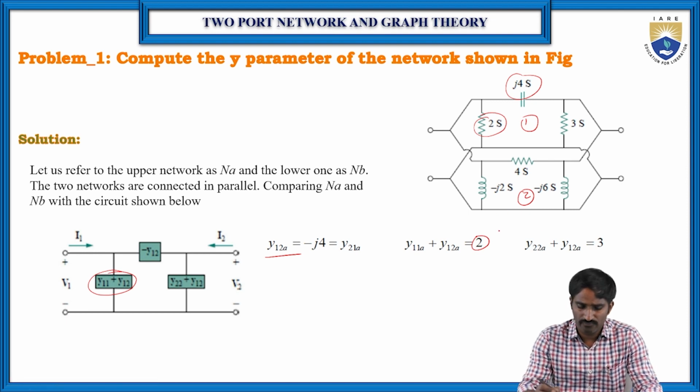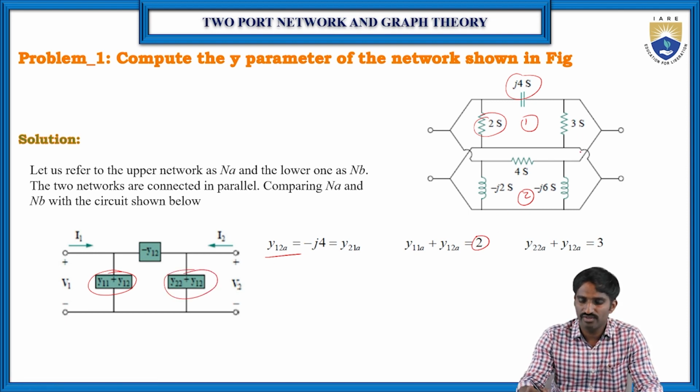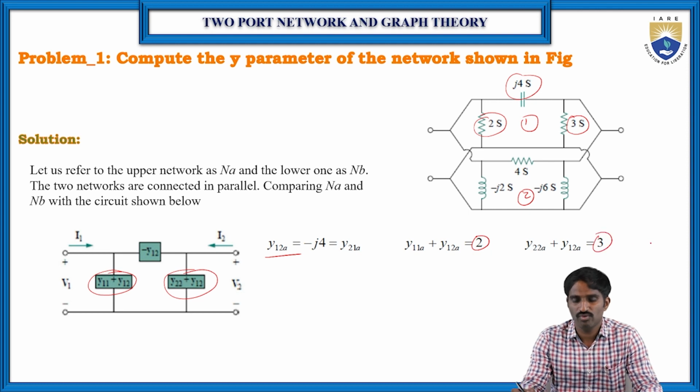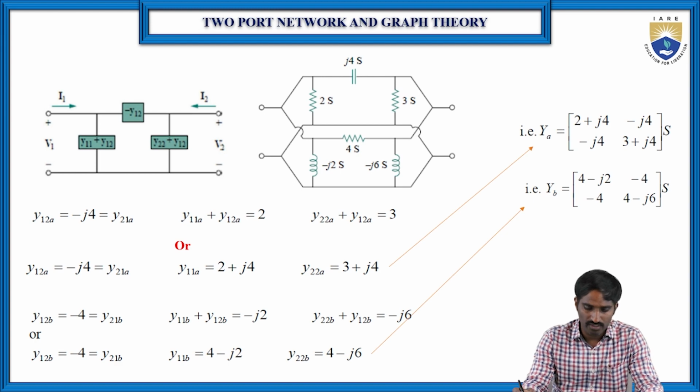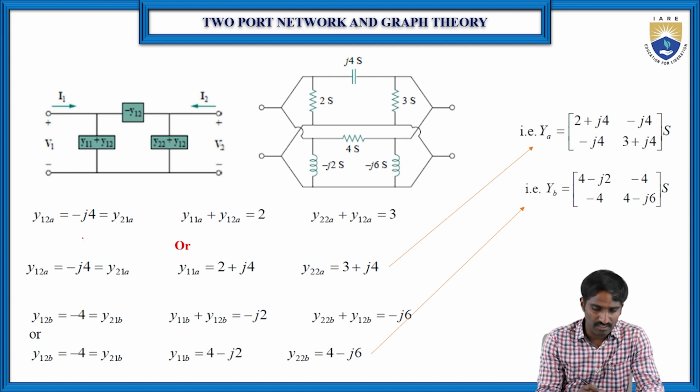And in the place of Y22 plus Y12, here we have 3 plus j4. So we just compare and write the values. Here Y12 and Y21, and Y11A is equal to 2 plus j4, and Y22A is equal to 3 plus j4.